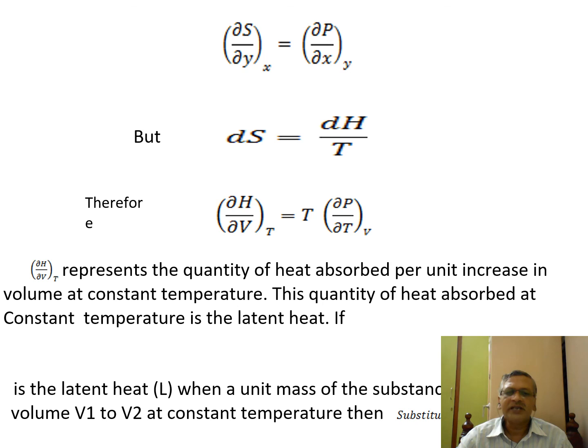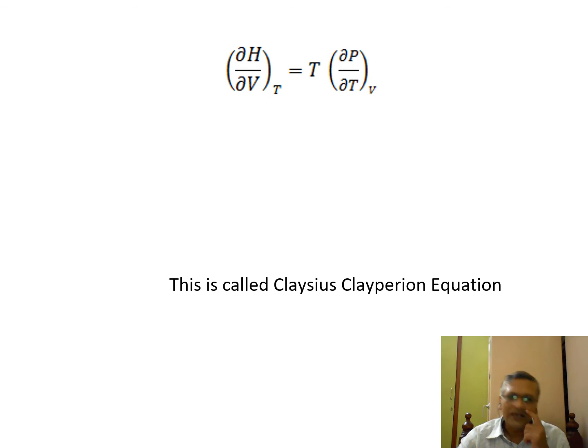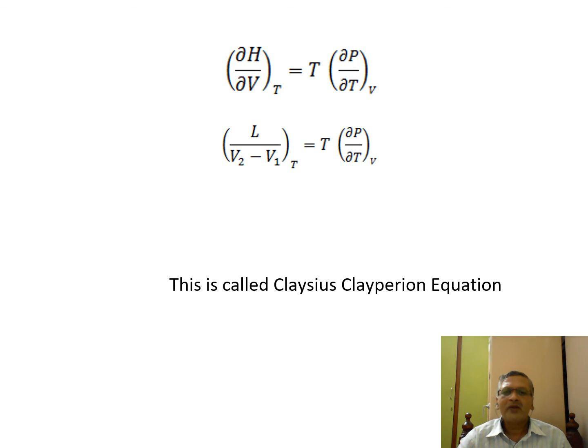This change in heat is latent heat L and the change in volume is V2 minus V1. Substituting in the equation, we get L upon (V2 minus V1) at T constant is equal to T into ∂P/∂T at V constant.